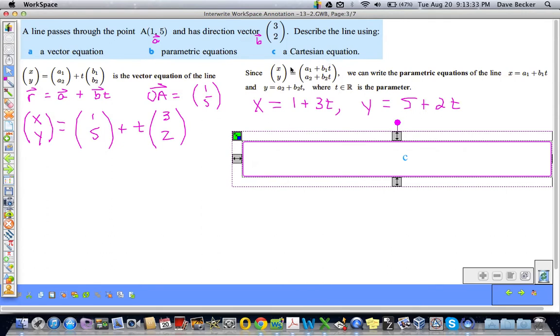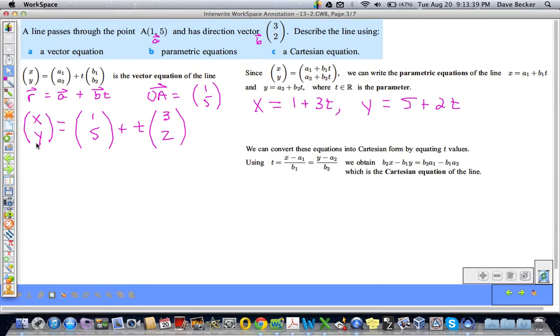Okay. What about a Cartesian equation? These are the equations we're used to with just x's and y's. What they're saying is, all right, go back to the geometry that we understand. Well, to do that, we just have to solve each of these for t. So I'm going to solve this first parametric equation for t, and that would give me t equals x minus 1 over 3.